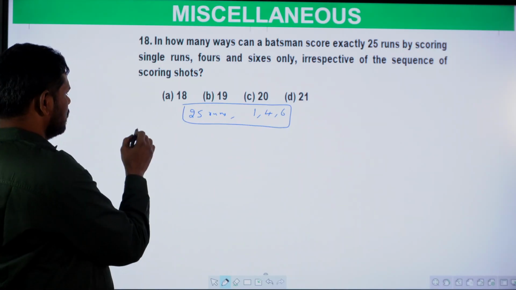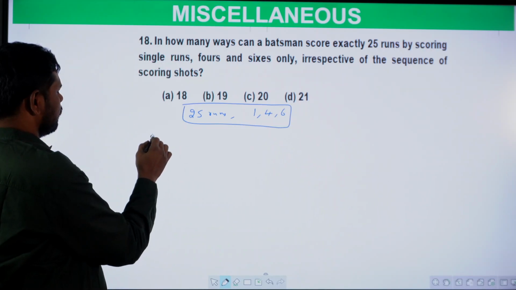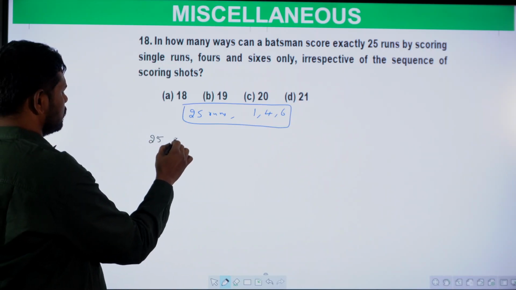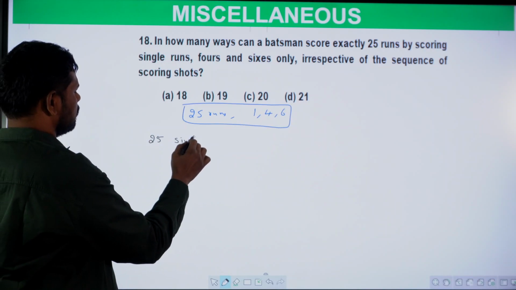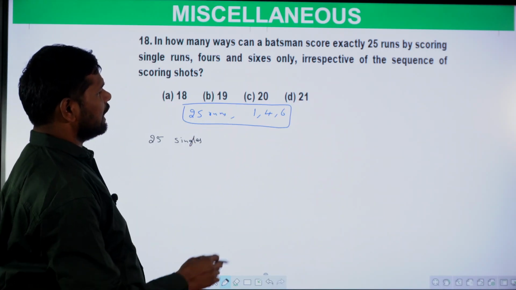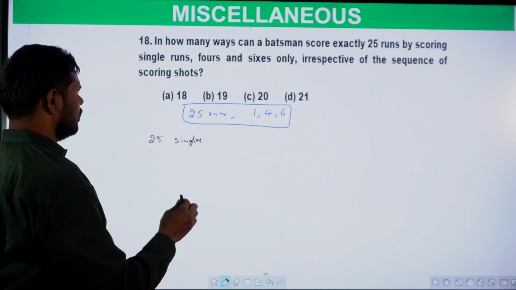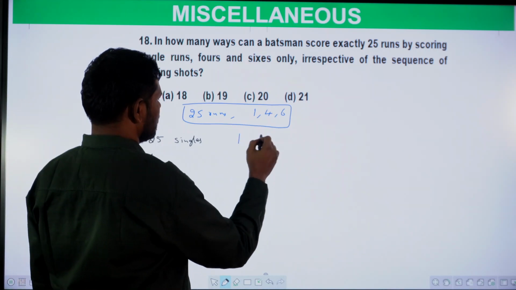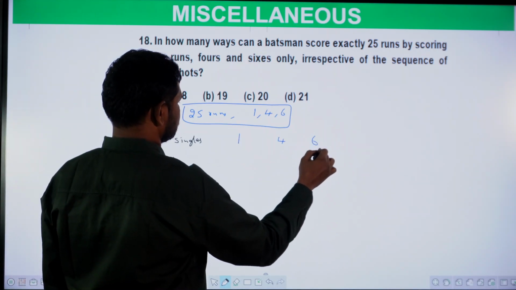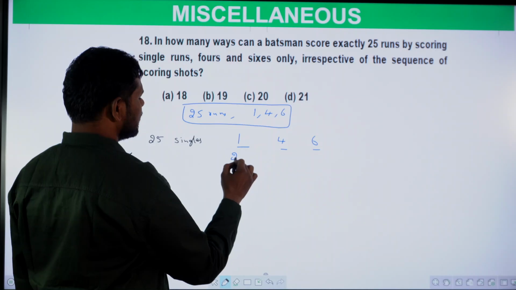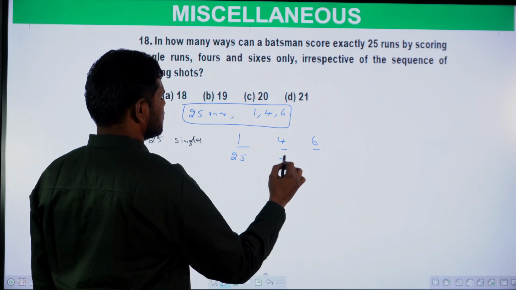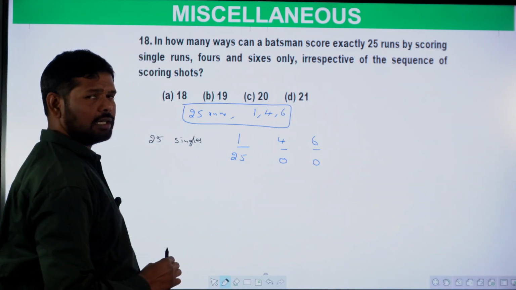Suppose only singles, that means 25 singles. They are saying irrespective of the sequence of scoring shots. Now I am writing here 1s, 4s, 6s. Only singles, 25 singles. Clear?